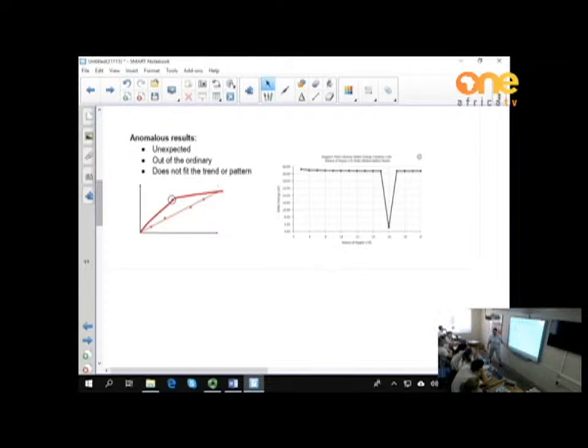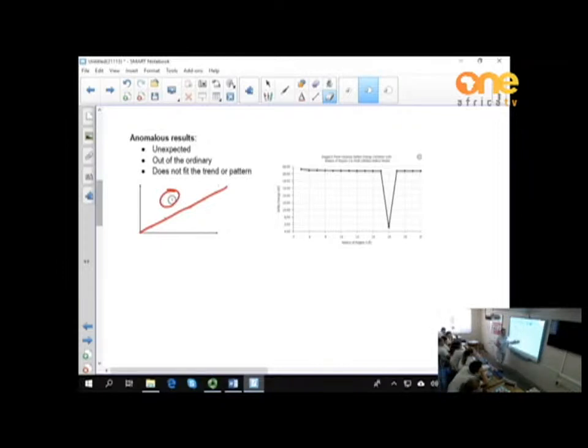No, never. You will draw a straight line through as many or as close to as many of the plotted points as possible. Please use a ruler to draw a straight line. We will ignore the anomalous result.